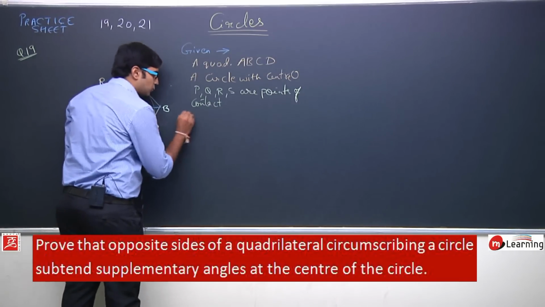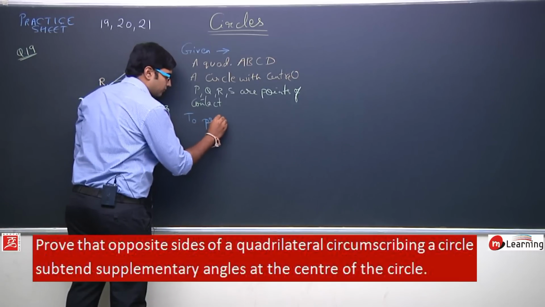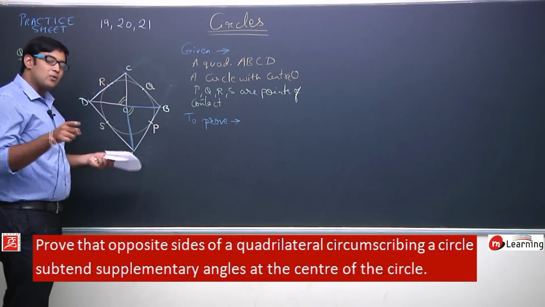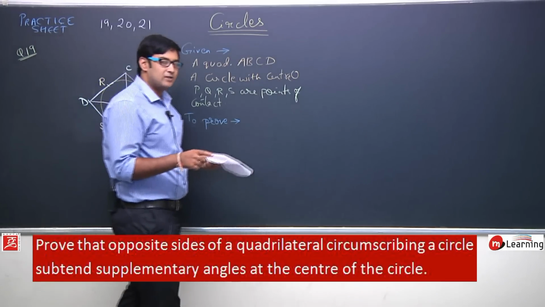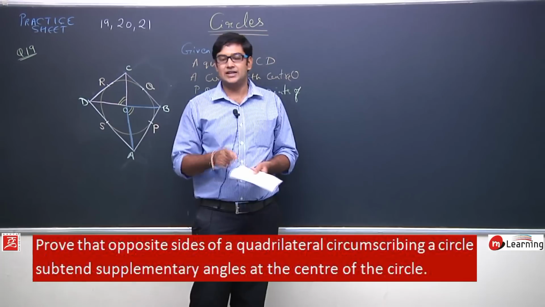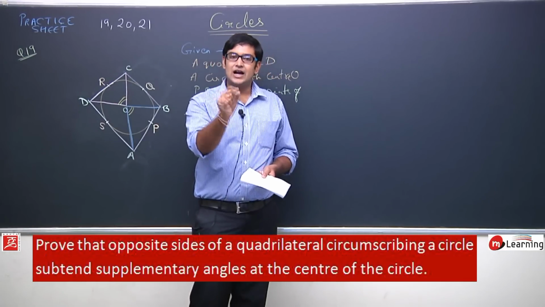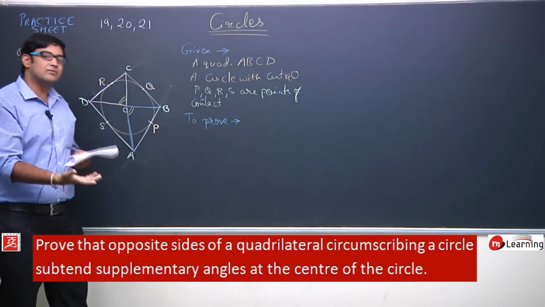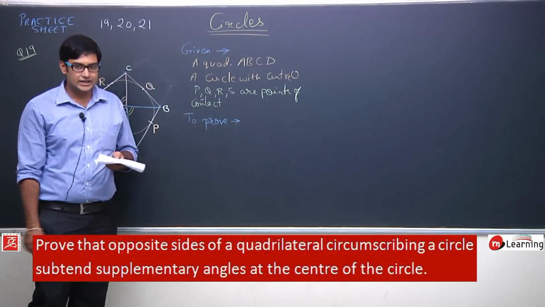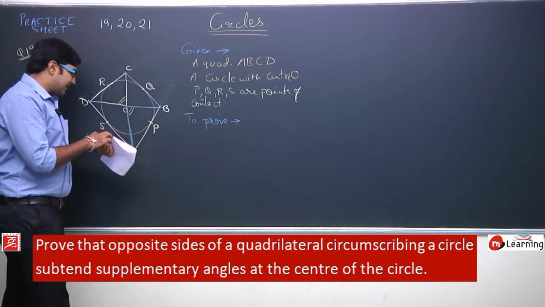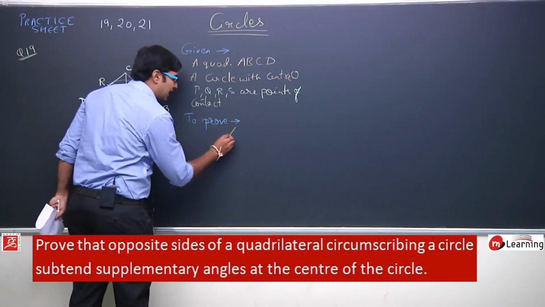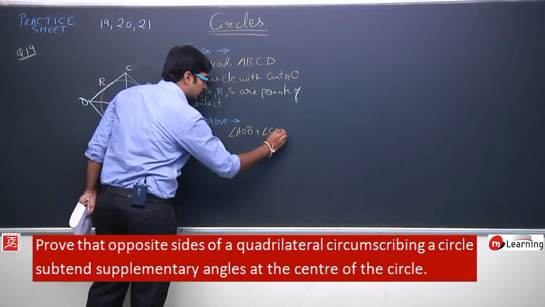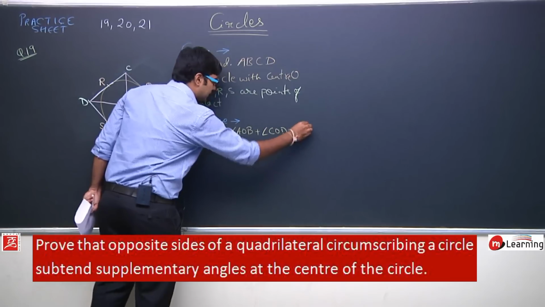Now let us write what to prove. We need to prove that the sum of angles subtended by the opposite sides of this quadrilateral at the center of the circle is 180 degrees. So in short, we need to prove angle AOB plus angle COD is equal to 180 degrees.